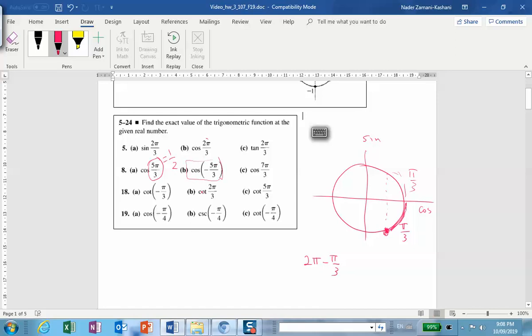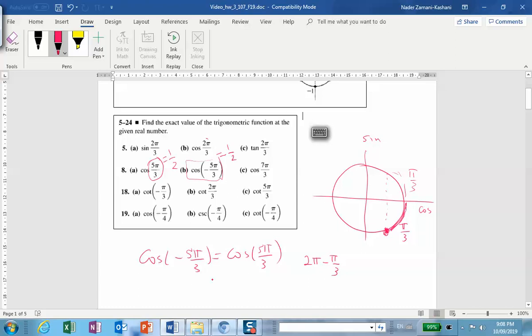So cosine of minus a number is the same as cosine of the number itself. We talked about even and odd functions. Therefore, based on that, you can say, wait a minute, this is 1/2, because cosine of 5 pi over 3 was 1/2. It's a fast way of doing it.